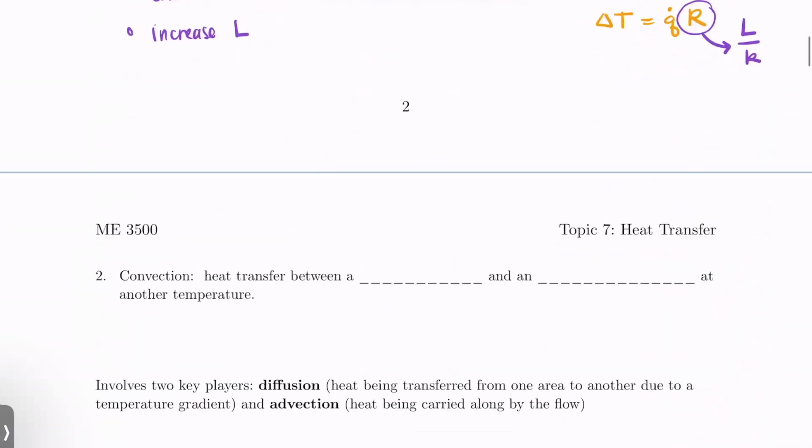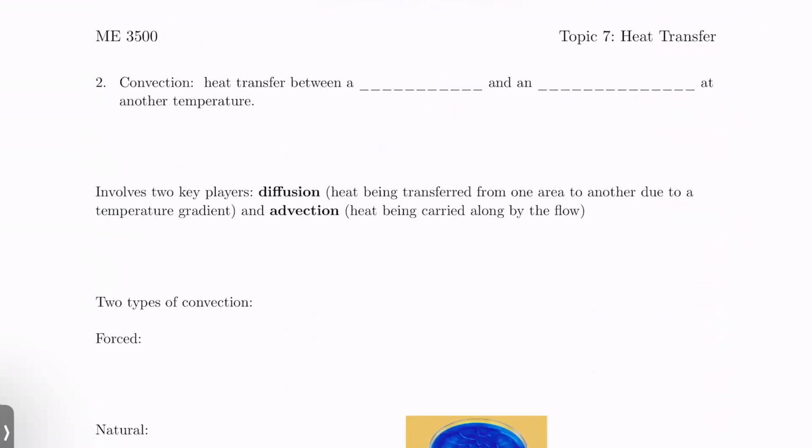Now we're going to talk about convection, which is heat transfer between a solid surface and an adjacent moving fluid at another temperature. This involves a moving fluid.